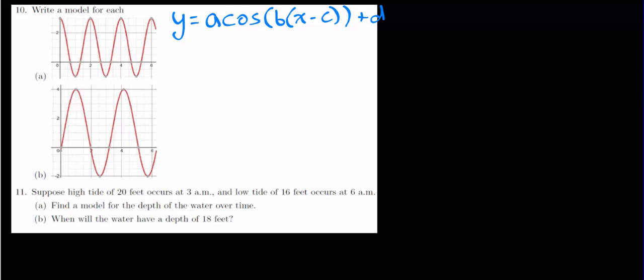I start off with getting the vertical shift D: you take the y max plus the y min and divide by 2. In this case, the y min looks like -1 if you look at the scale here, -1 plus 3 divided by 2, so it looks like that's 1.